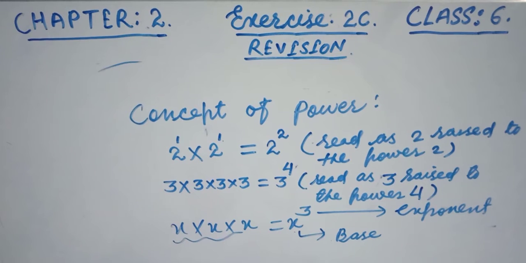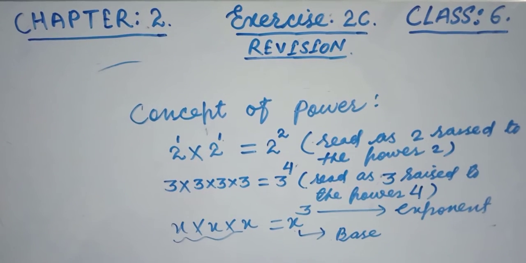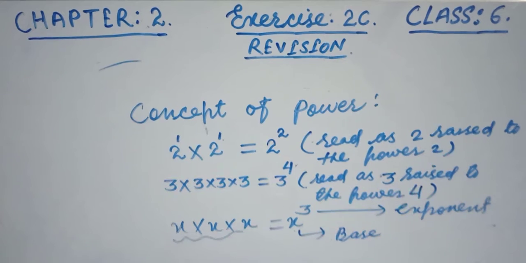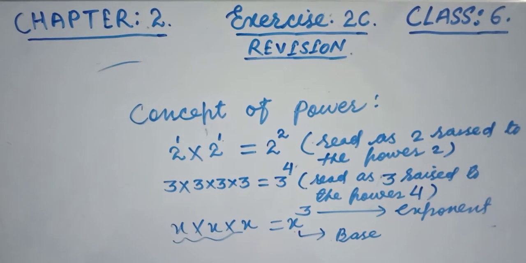There is one chapter in 7th class, exponents, so in 7th class we will study about exponents, friends. So I have given all of you a little bit of the concept here.